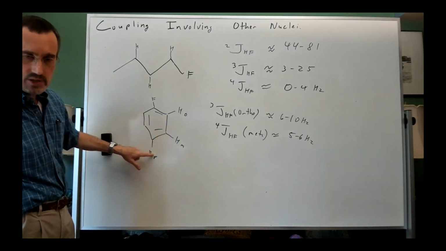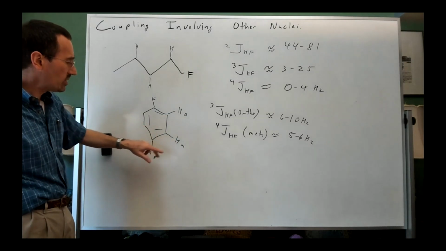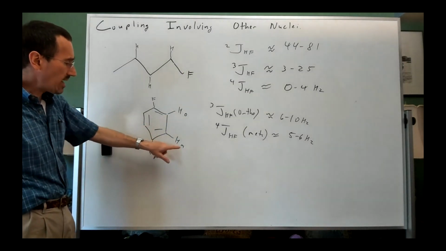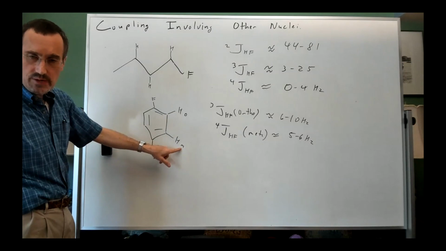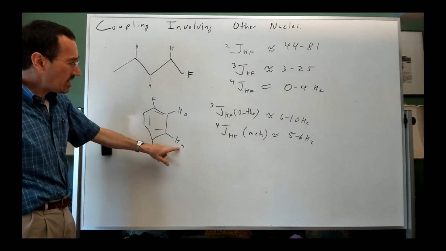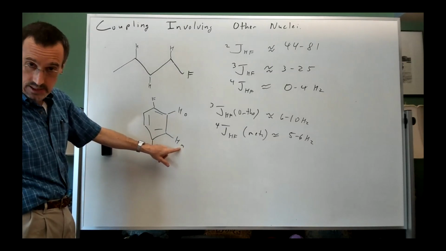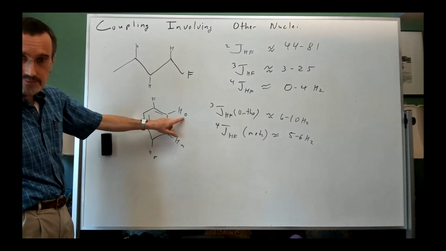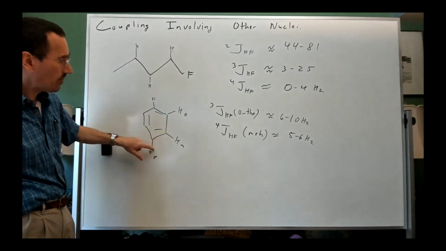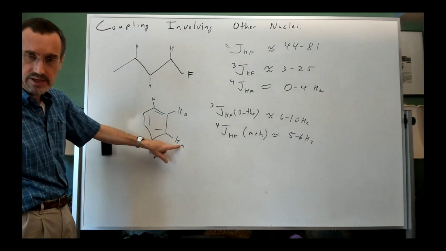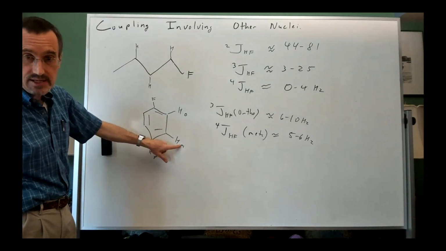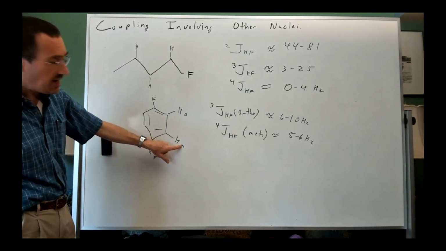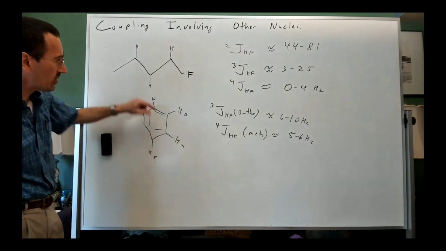In other words, it should be a doublet of doublets or something that looks like it. This hydrogen should be split by two large j's. In other words, an ortho coupling here and an ortho coupling here. So it should be a triplet or maybe a doublet of doublets with two very, very similar j's.